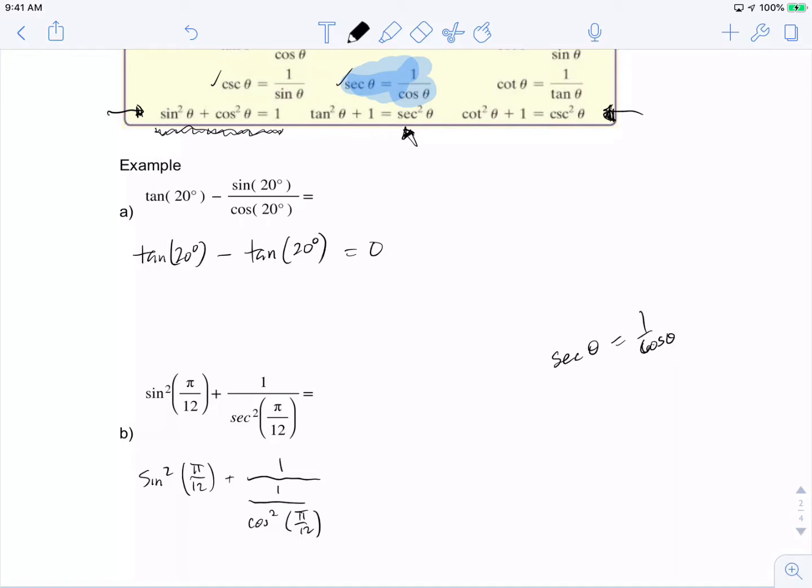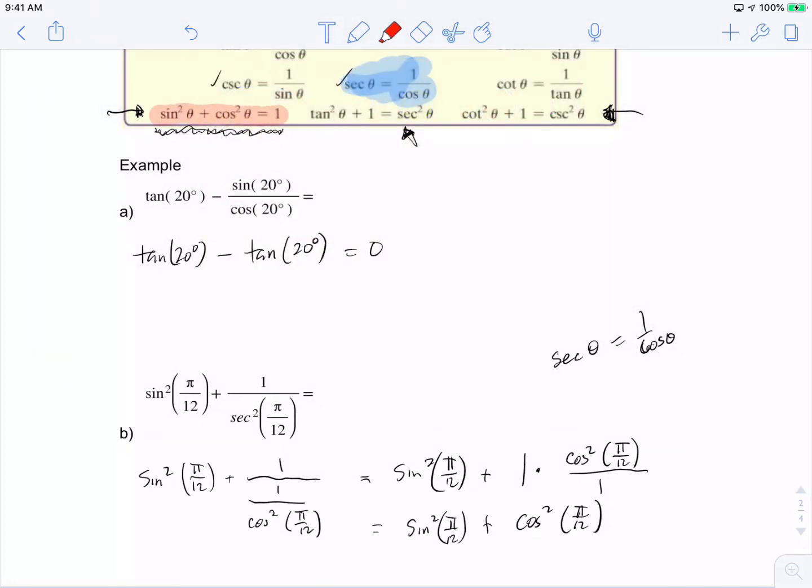And so when we divide by a fraction, we need to multiply by the reciprocal, right? So I'm going to go sine squared of pi over 12 plus 1 times cosine of pi over 12 divided by 1, which is the same as sine squared of pi over 12 plus cosine squared of pi over 12. And notice something kind of important.